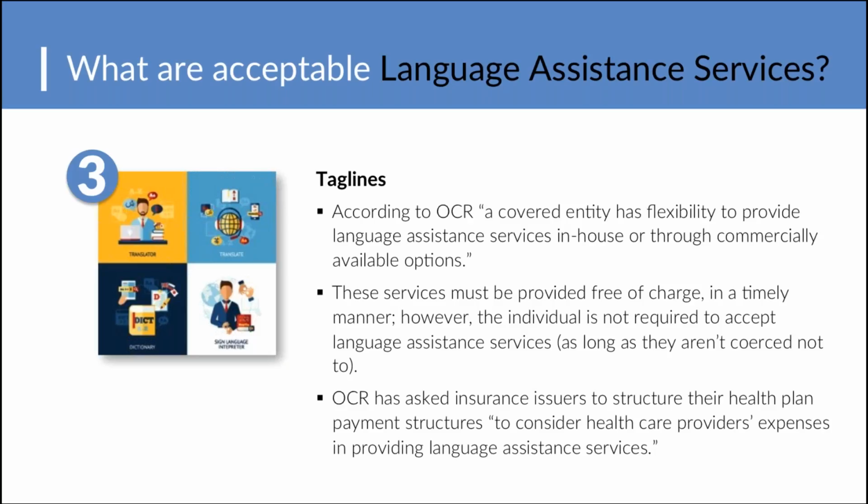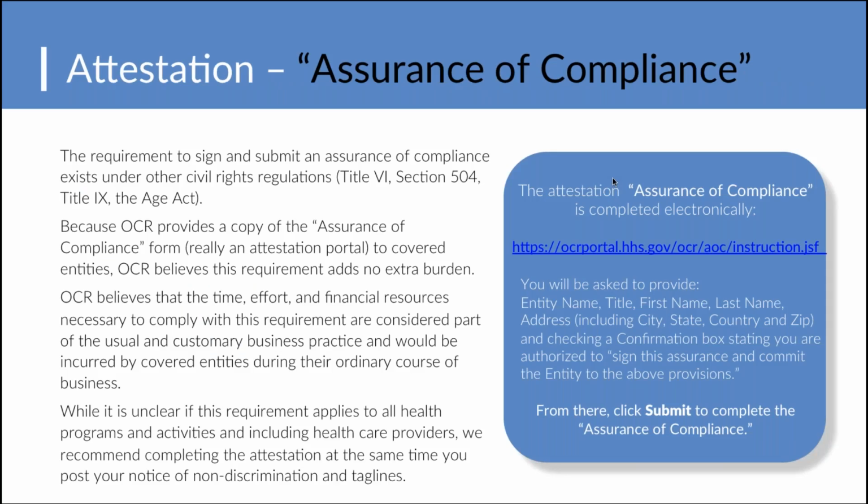Then you must have a non-discrimination process. You have to have a compliance process in place. How do complaints get filed? What is that process? So that's part of what you're doing with the last piece of this, which is an attestation.